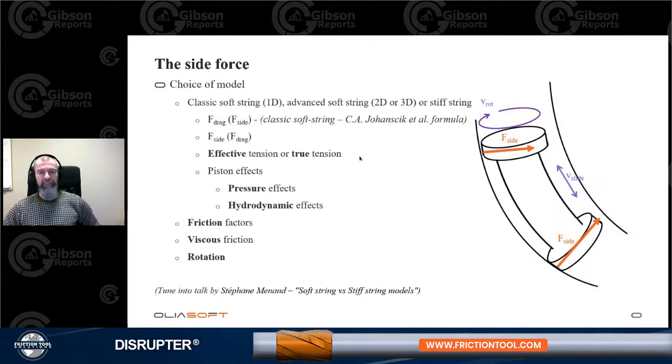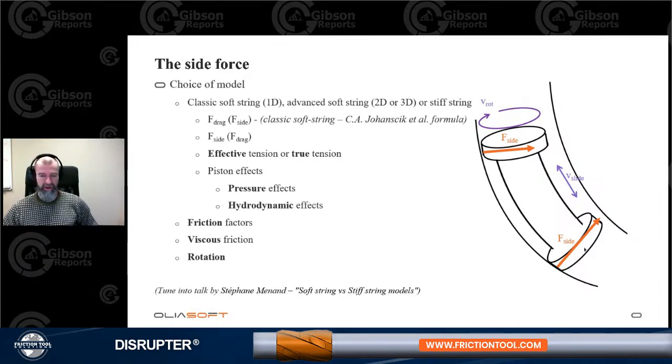But simply said, effective tension is basically to look at all the piston forces acting on a piece of segment. Let's say that this is a drill pipe with a connector at the bottom and at the top, and oh well, usually there's not that one at the bottom and at the top.